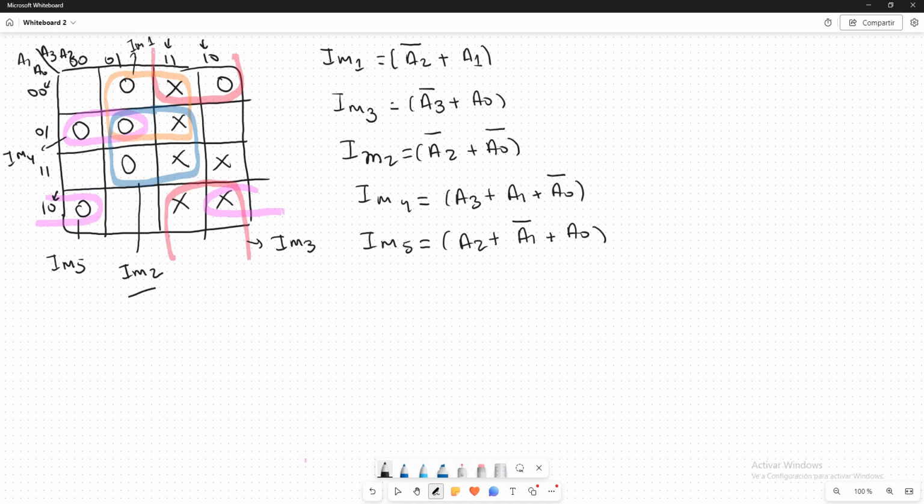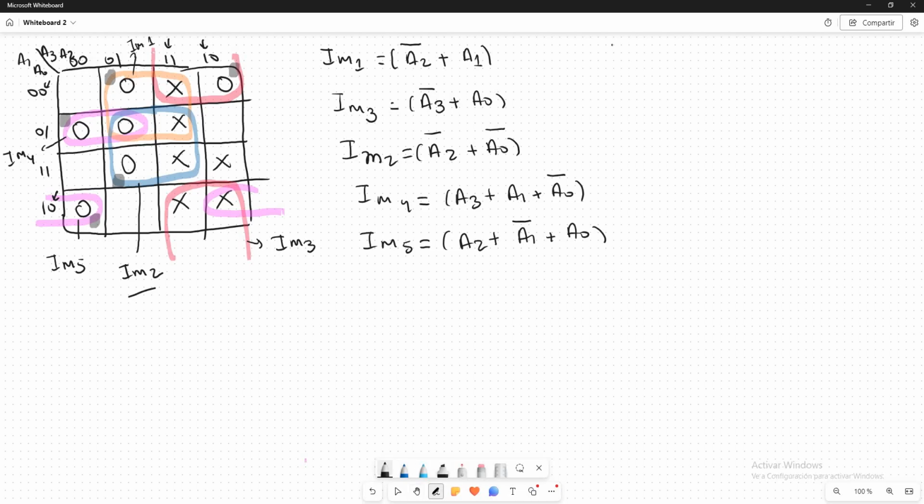So we have to detect the essential prime implicates. For essential prime implicates, we look for distinguished cells. We have here 1, we have here 1, we have here 1, we have here 1, we have here 1. So I have a distinguished cell in every prime implicate.